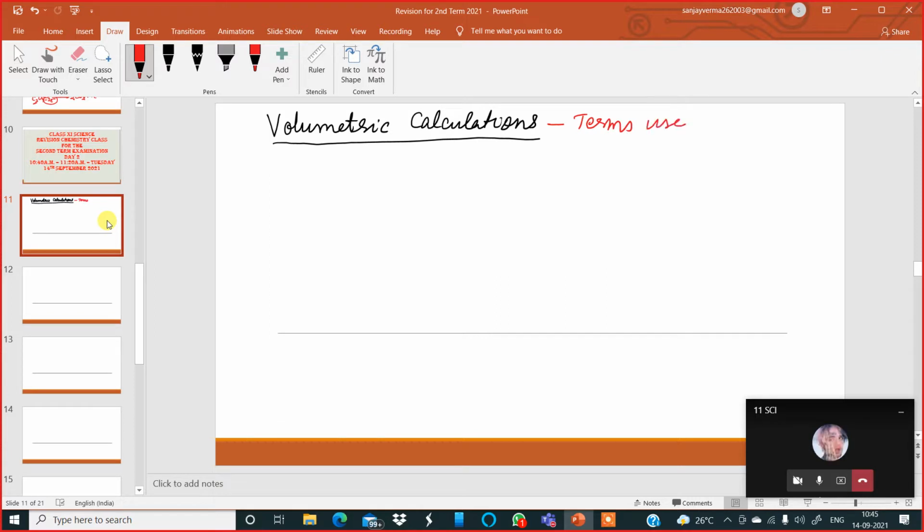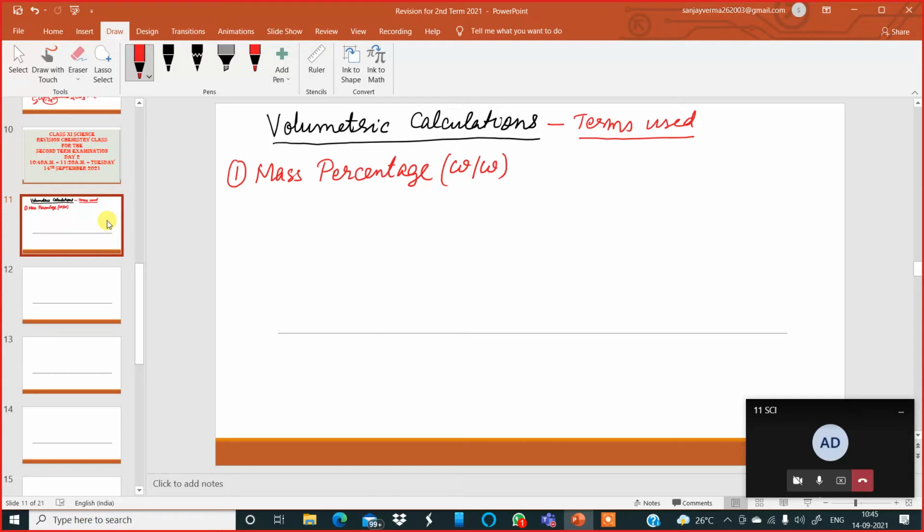The terms used in volumetric calculations. The first one is called mass percentage, abbreviated as w by w.